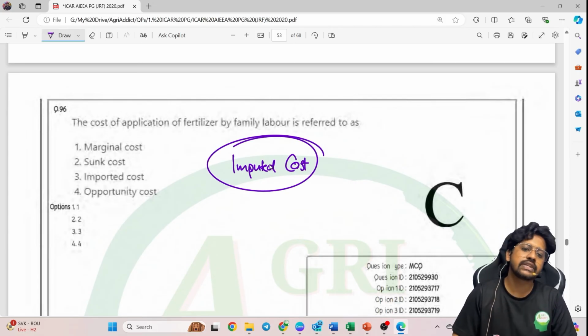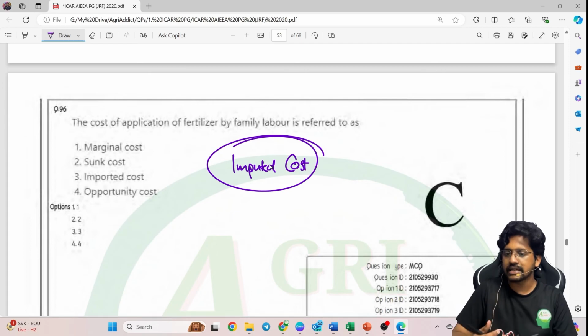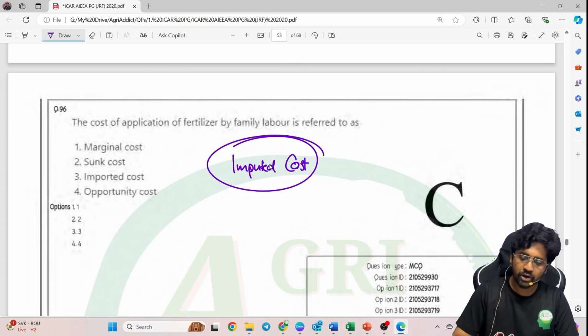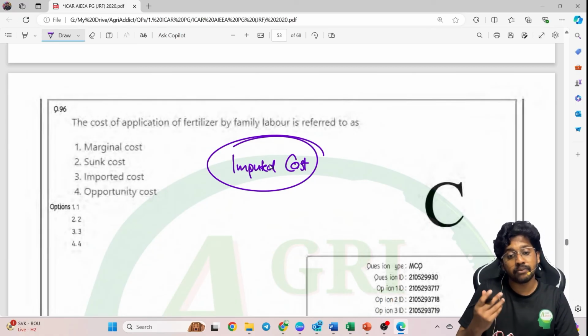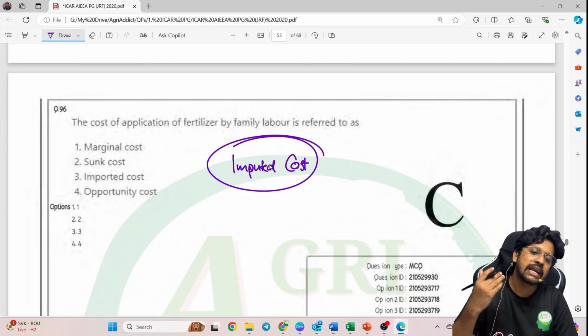The cost of the self-employed resources, that is the land the owner is giving for the production process, the labor hours he is giving for the production process. But when he is hiring another labor to come, they will be given the wages. That is a paid out cost, right?